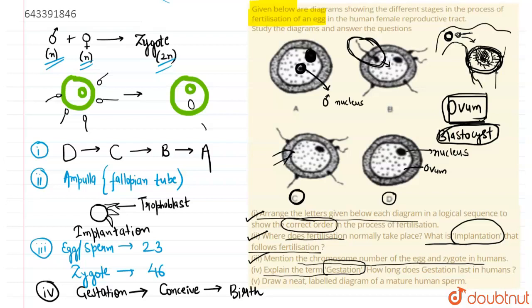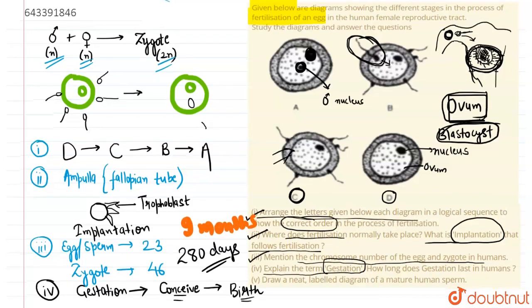So the time period between conception and the birth is known as gestation. And in case of humans, this gestation period, as we all know, is 9 months, and exactly speaking, it is 280 days.